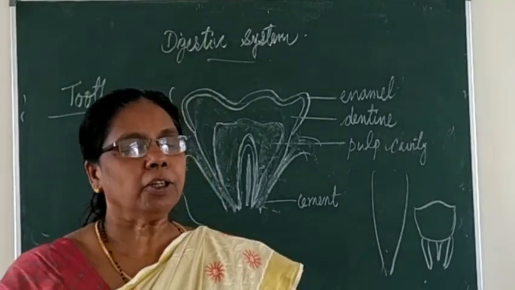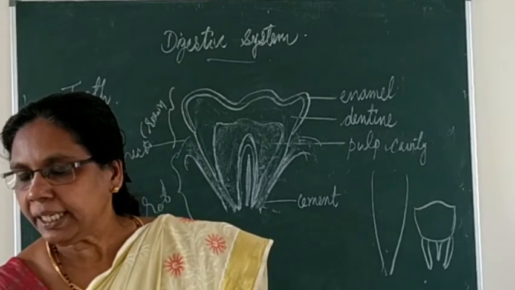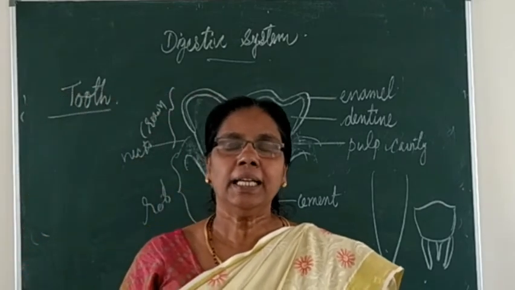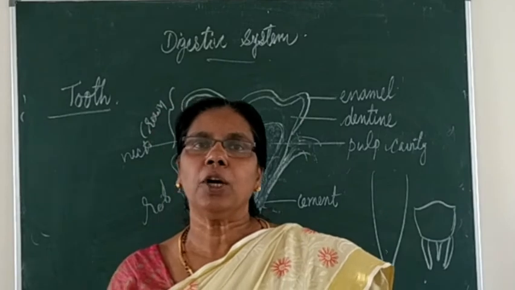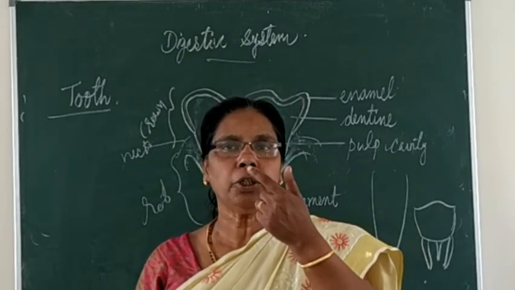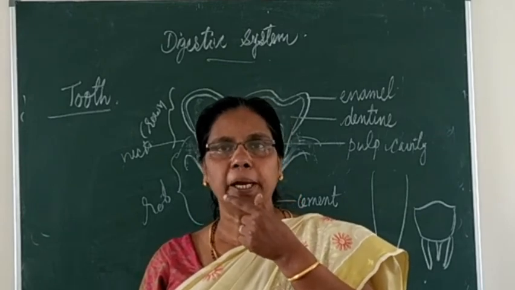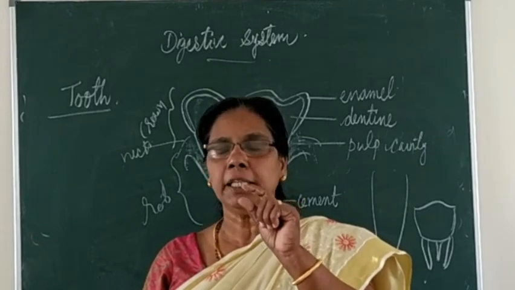Here the back part of the mouth cavity is closed. When it reaches, you can see that a small region called the epiglottis is present. That opening is common to our nasal cavity and the food pipe. A common opening is present.